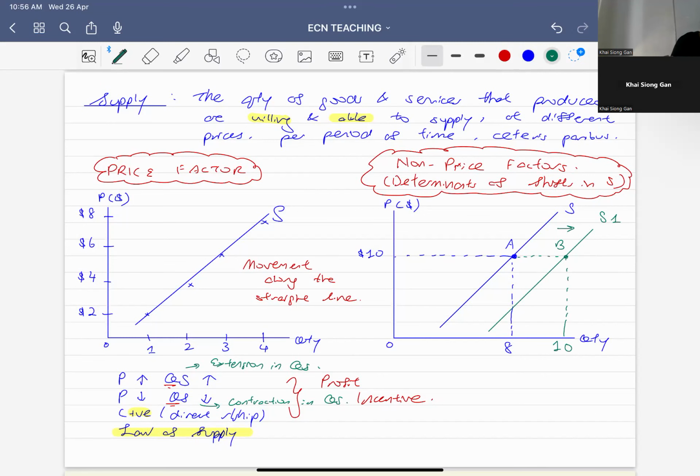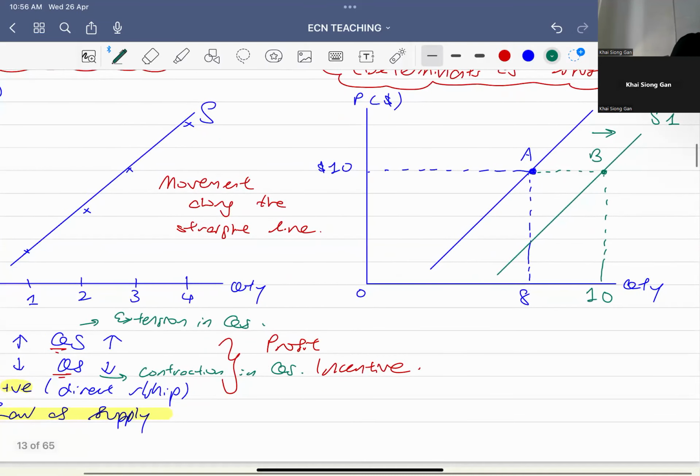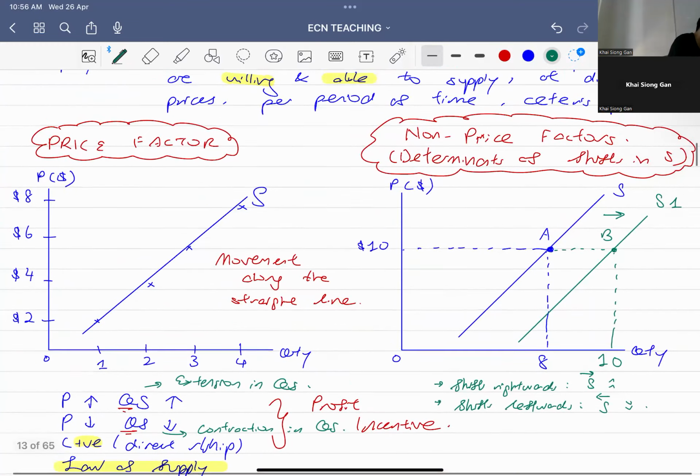Remember it as left or right. When it shifts rightwards, it means supply increases. When it shifts leftwards, it means supply decreases.